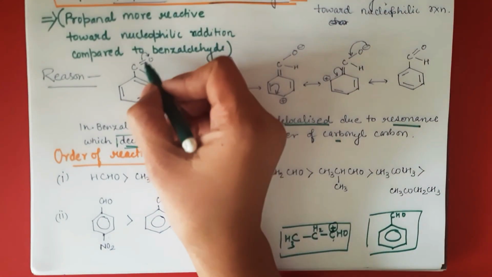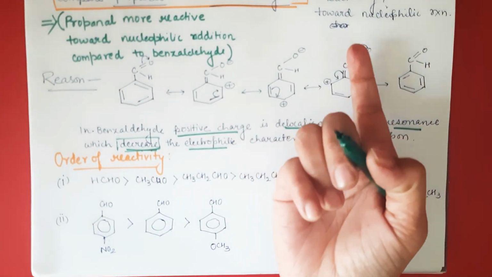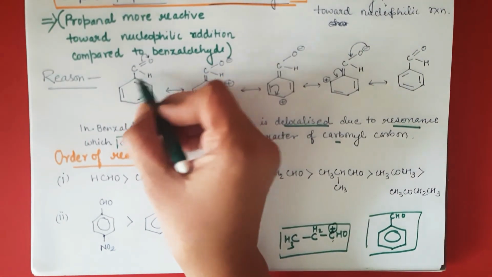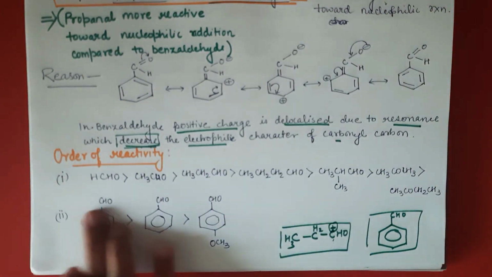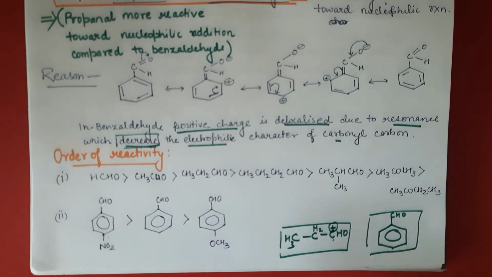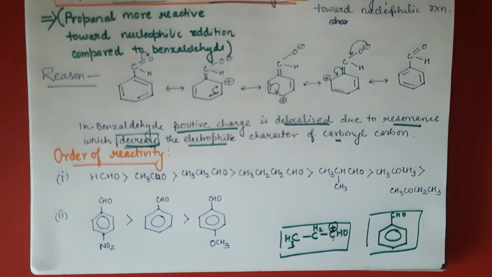If you know the nature of this carbonyl carbon, I have uploaded a video on the structure of the carbonyl group. If you watch that carefully, you can understand the nature and you can easily draw this series, or you can easily compare the given different structures to see which is going to react at a faster rate towards the nucleophilic addition reaction.